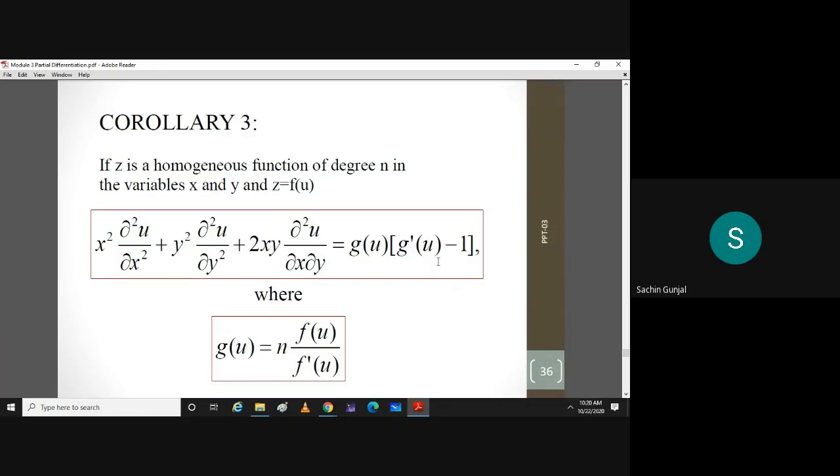Now, the question is, what is g of u? So, what is g of u? 2 tan u. It is 2 into sin u upon its derivative, so 2 sin u upon cos u, that is 2 tan u. So substitute it here: 2 tan u into bracket, 2 tan u ka derivative, sec square u, minus 1.